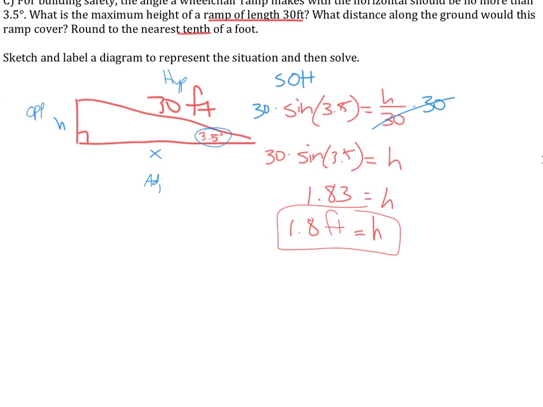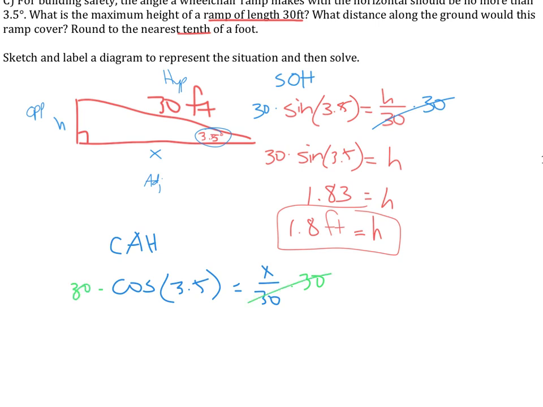And then to find x, our distance along the ground, we're going to do a similar thing here. Now we're using adjacent and hypotenuse. So now that we're using adjacent and hypotenuse, we're going to use cosine. So cosine of 3.5 is x over 30. Multiply both sides by 30.